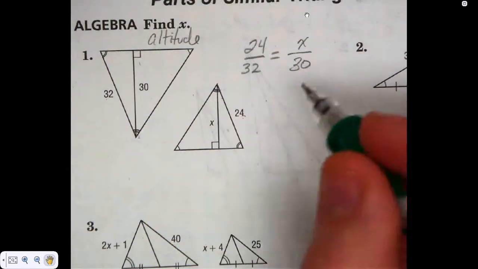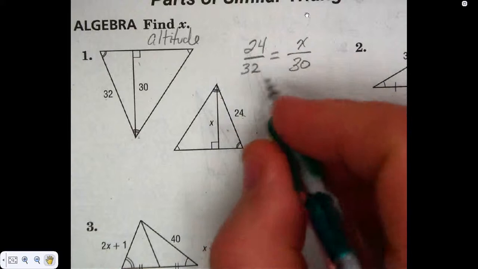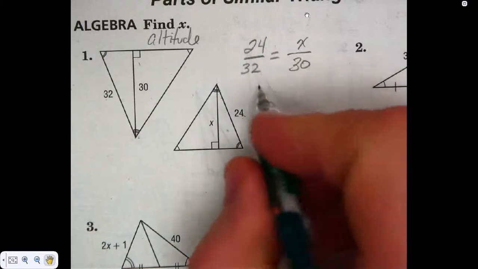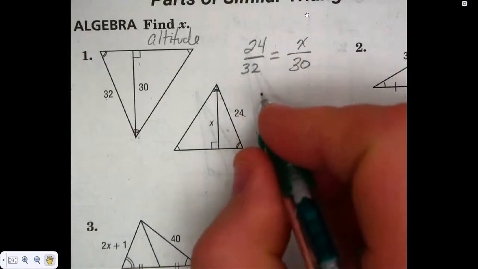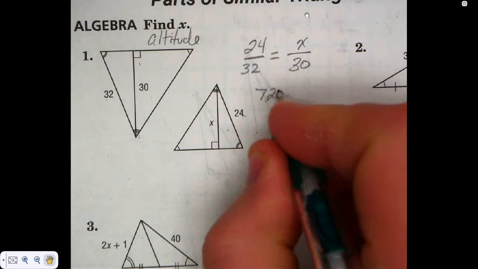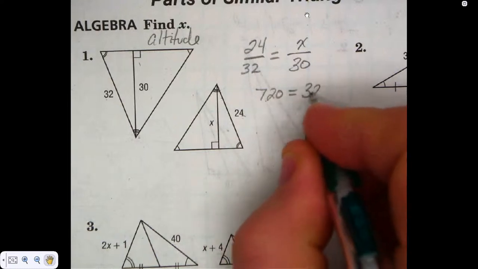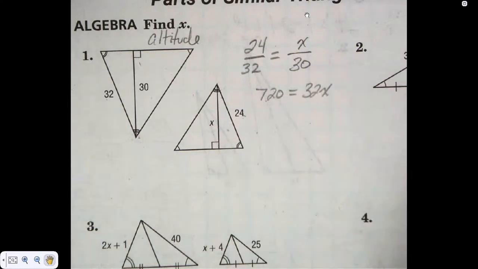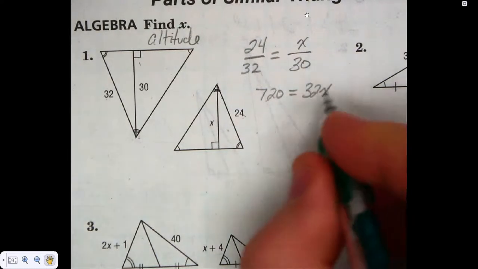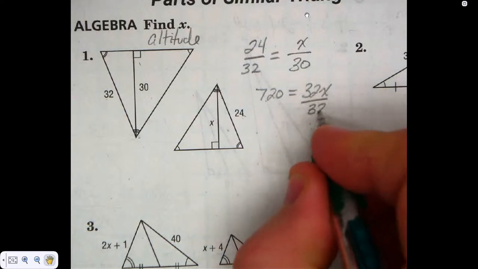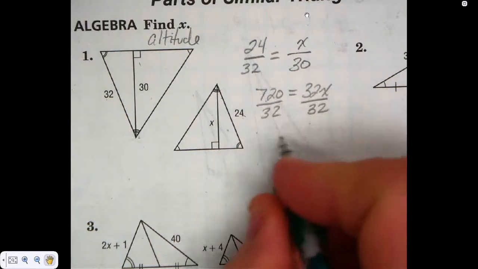Well, the rest is just algebra, is it not? I'm left with, what's 24 times 30? Can anyone tell me that? 720 is equal to 32x. Well, what would I do next? I divide both sides by 32.